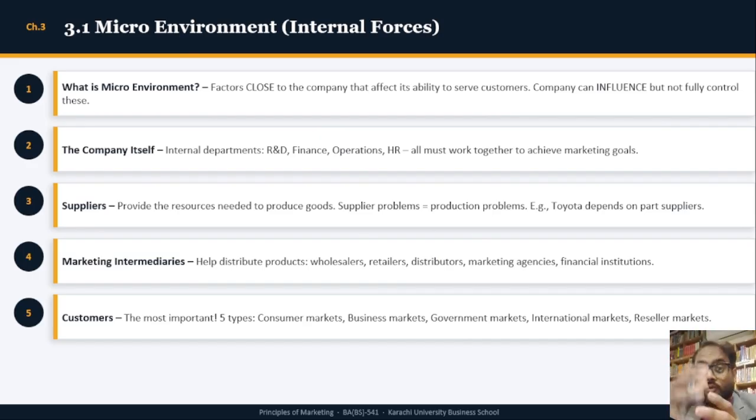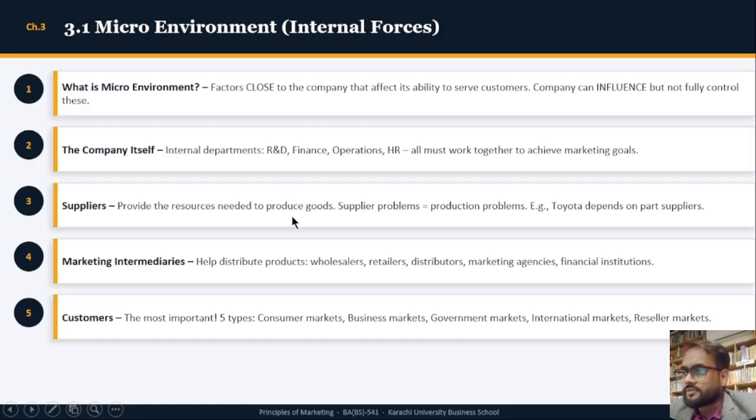Let's move toward the micro environment, also known as the internal factors or internal forces. What is the micro environment? Factors close to the company, inside the company, that affect its ability to serve customers. The company can influence but not fully control them. They can try to make some changes, but they cannot fully control it.